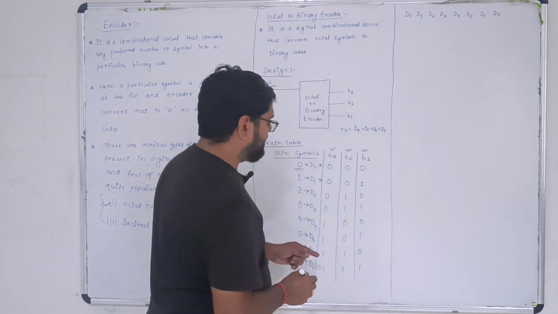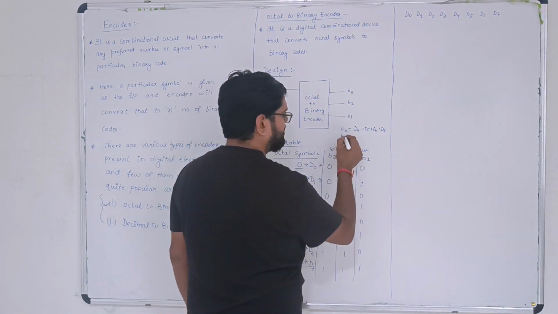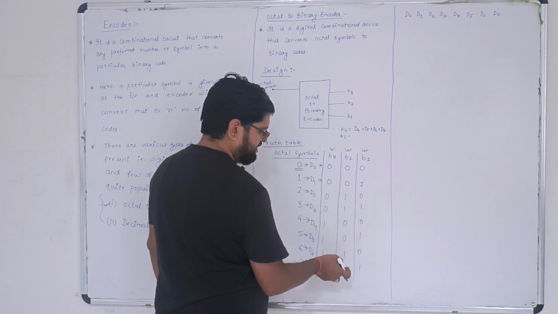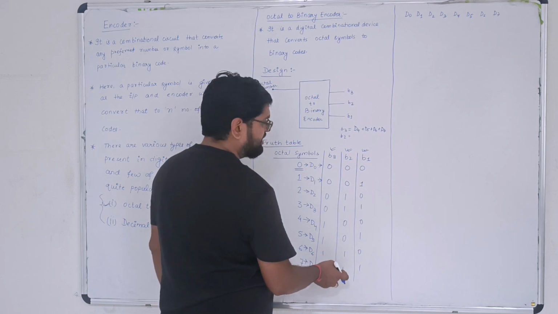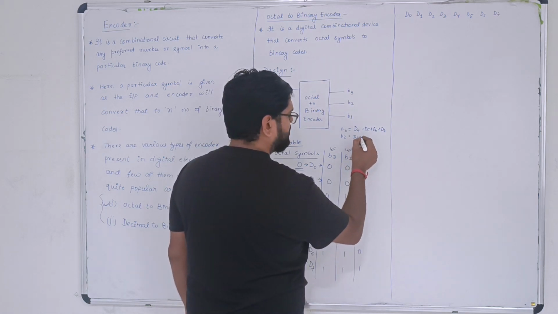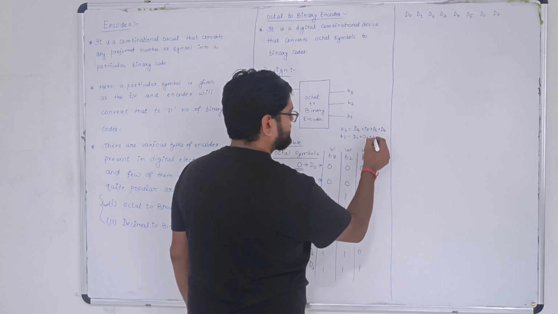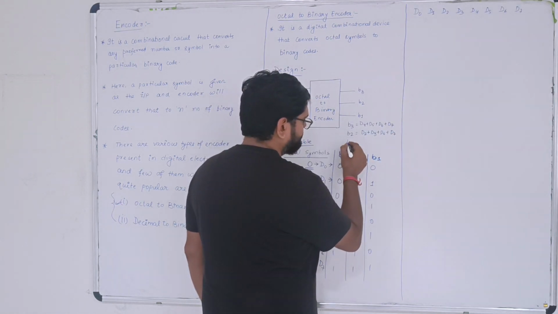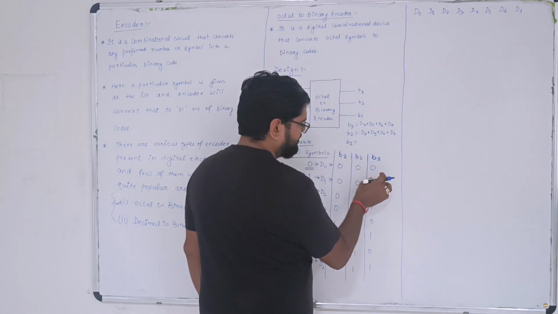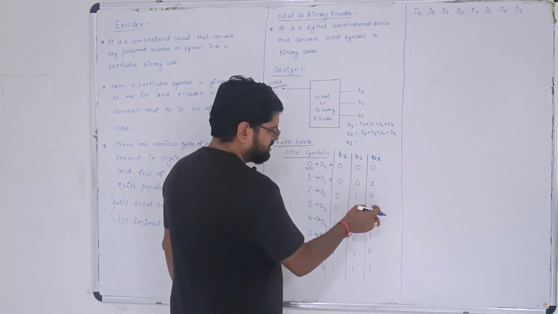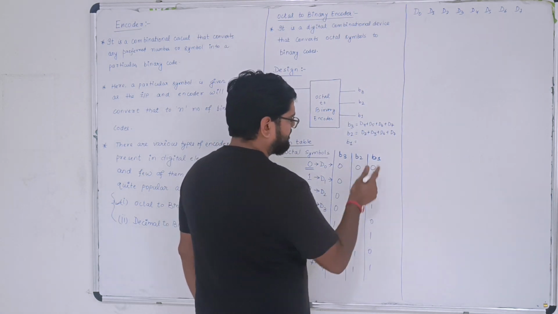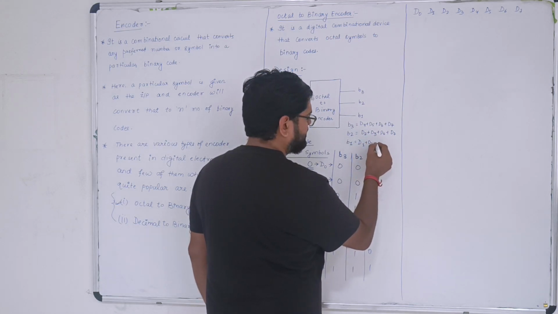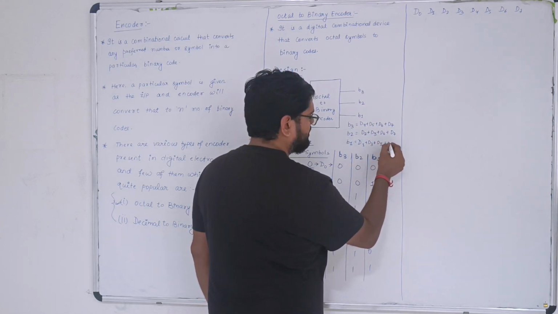Similarly, for B2, you can tell me which data lines are high: D2, D3, D6, D7. And finally, B1. For B1, the values are 1, 3, 5, 7, so it is D1, D3, D5, D7.